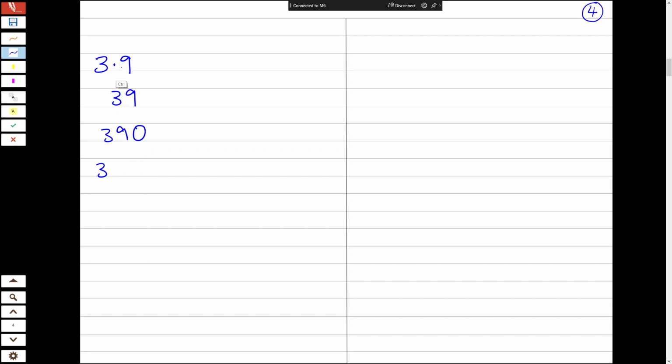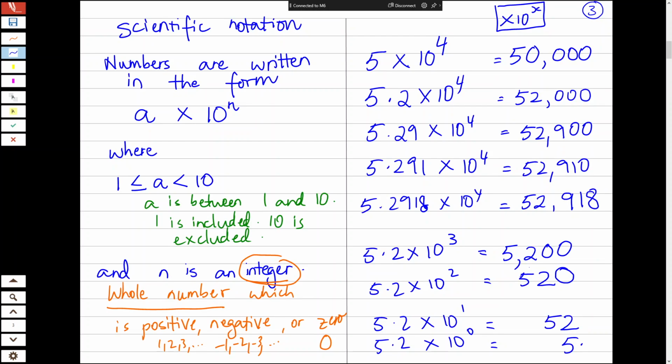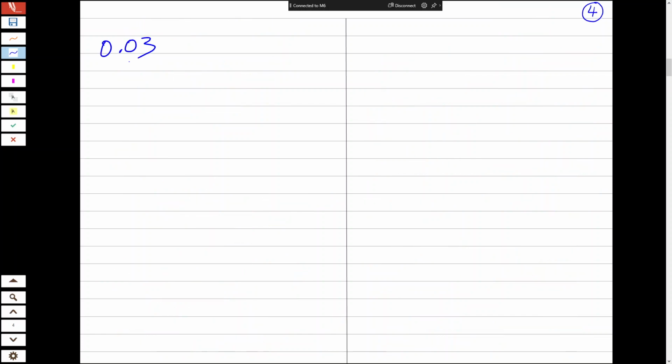Sorry, let me do something different. On the previous page, we went from scientific notation to a number. Now we're going to go backwards. If I give you the number, I want you to change it into scientific notation. So you want us to write these answers in scientific notation?